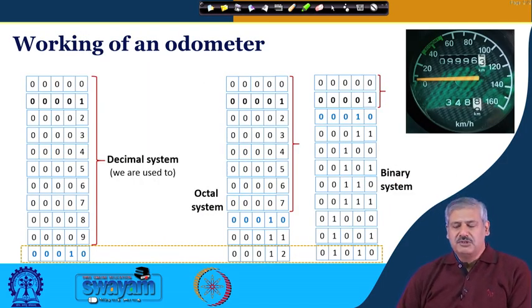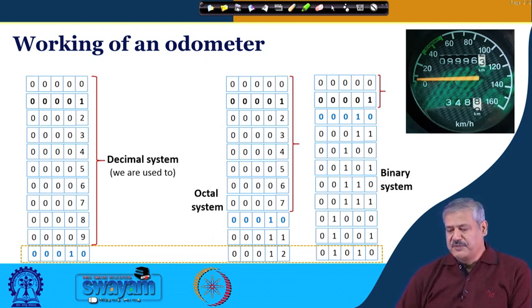So, to discuss number system, first we look at one example of an odometer, which perhaps all of us, those who drive a vehicle, have seen. It is the meter which takes note of the distance in the vehicle, showing the increments in the number.